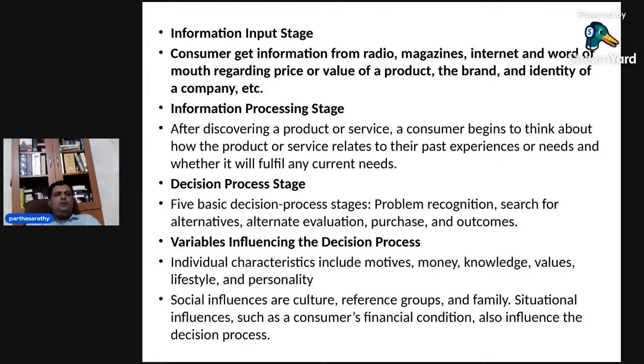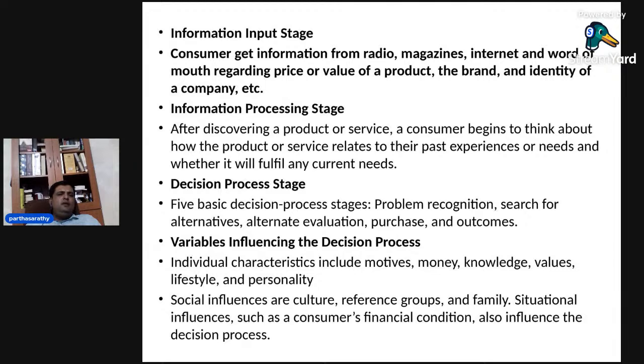This is very important, because once we receive the inputs, if we don't do anything about it, the next step is meaningless. So in the processing stage, after discovering a product or a service, a consumer begins to think about how the product or service relates to their past experience or needs and whether it will fulfill any current need. Every day we come across so many advertisements.